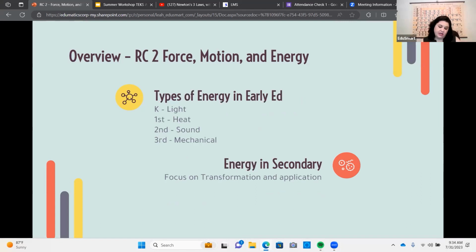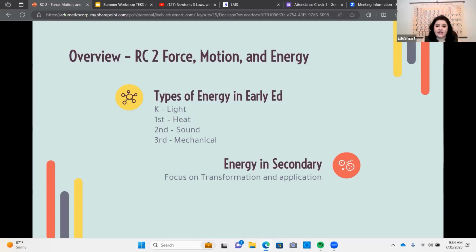So we're not just separating motion, we're also separating energy, especially in early education. Now, instead of teaching all the different forms of energy, you teach a specific one and you go really in depth with it. So kindergarten is light, 1st grade is heat, 2nd grade is sound, and 3rd grade is mechanical energy. And the other types of energy aren't even mentioned.